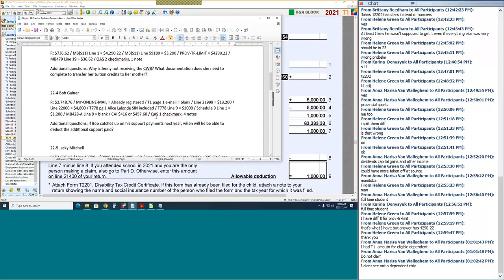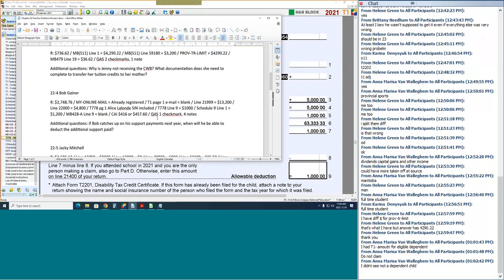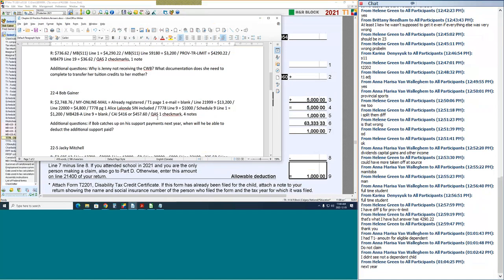Additional questions? If he catches up on his support payments next year, when will he be able to deduct the additional spousal support that he paid? So next year, instead of paying 12 months, he's going to pay 13 months.